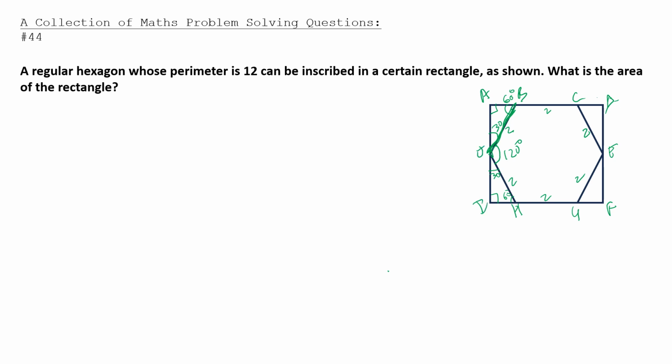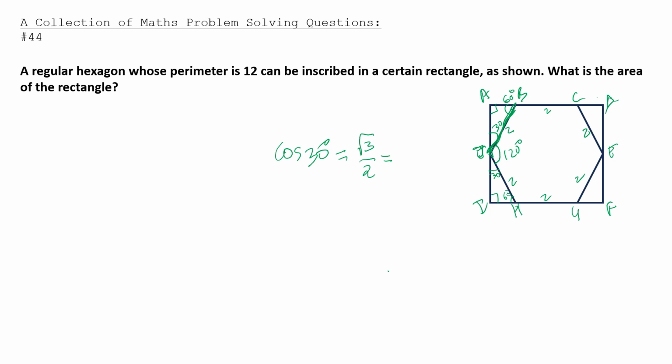So if you consider triangle ABJ, then BJ would be the hypotenuse, that is 2. So we can write that cos 30 degrees equals root 3 out of 2, and that equals AJ over the hypotenuse.